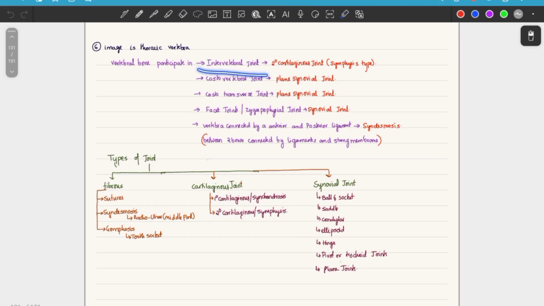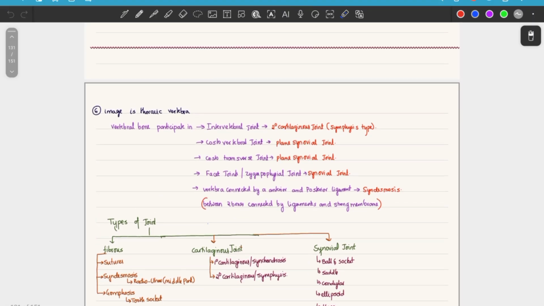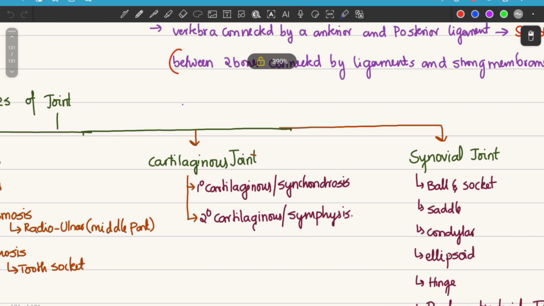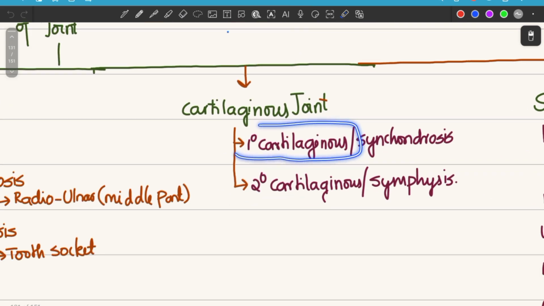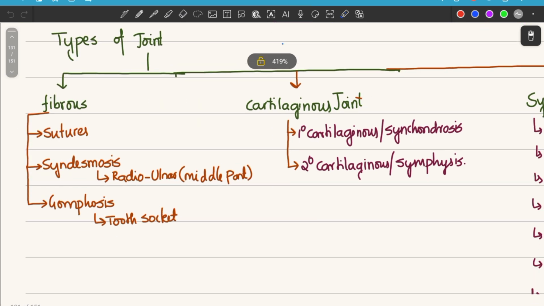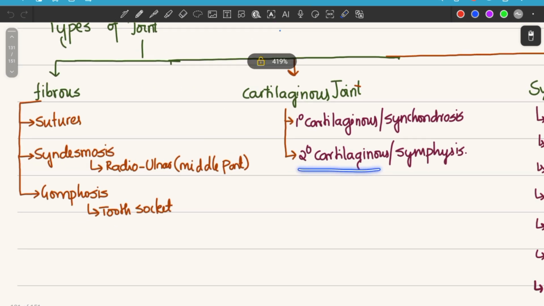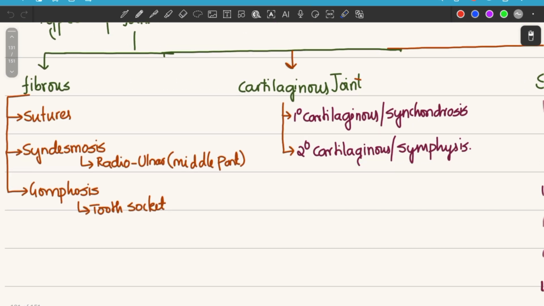It is the intervertebral joint. You have to remember primary cartilaginous, as it is given more importance. Secondary cartilaginous is not given so much importance, so it is just a symphysis.